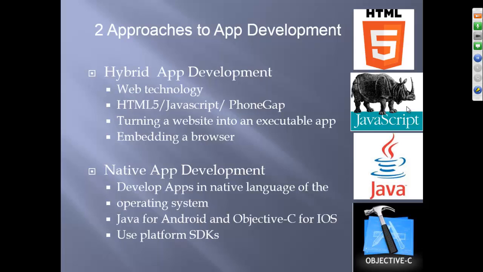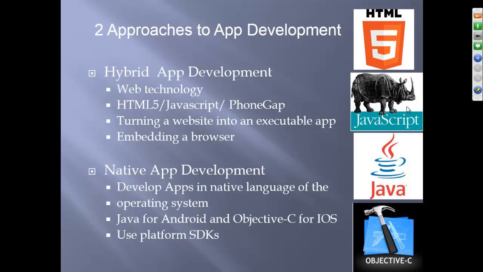The most popular one out there is PhoneGap. So you're essentially building a website in HTML5 JavaScript, and you're turning that website into an executable app that you can then download to people's devices, distribute to people's devices, and so on.